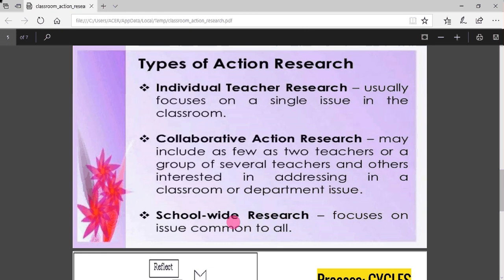So there are three types, but I advise you here, because you are going to write a thesis, you can work in the first or the second type of action research.